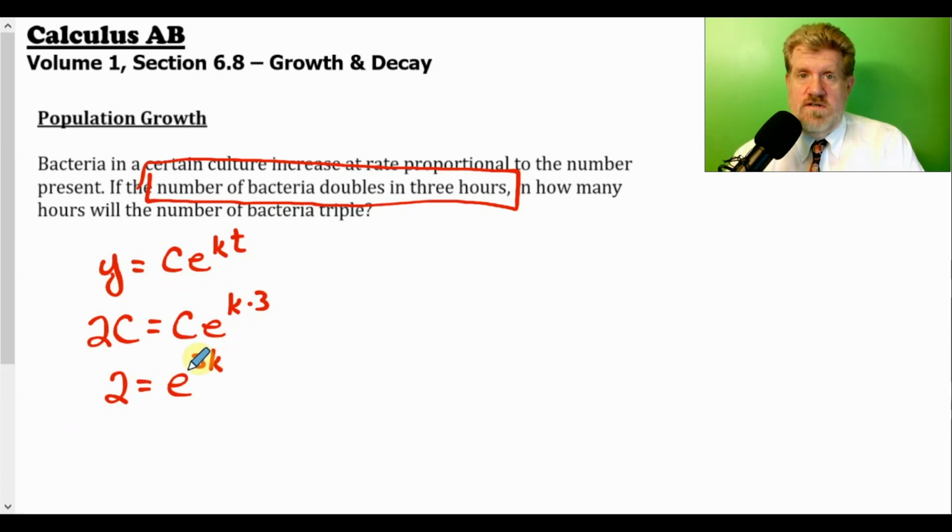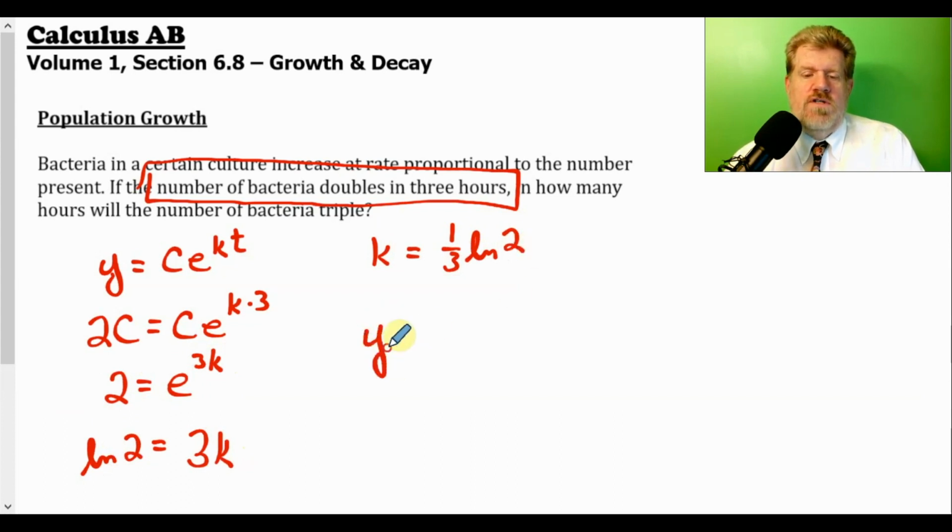Because if C is 0, I can't have any growth at all. So there is my equation for K. Inverse of e would be natural log. So my K value in this case is 1/3 of the natural log of 2.